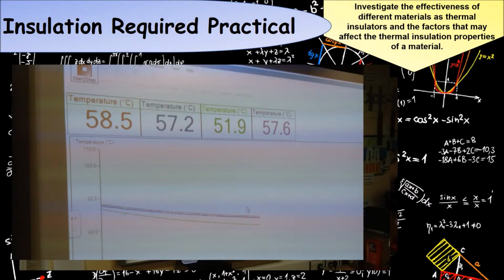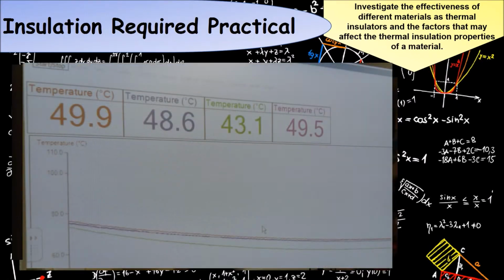After 15 minutes, the one on the left hand side had gone down to 58.5, followed by the one next to it 57.2, 51.9 and 57.6. Now the final reading after 20 minutes was the red one went down to 49.9, the blue to 48.6, the green 43.1 and the purple one to 49.5.